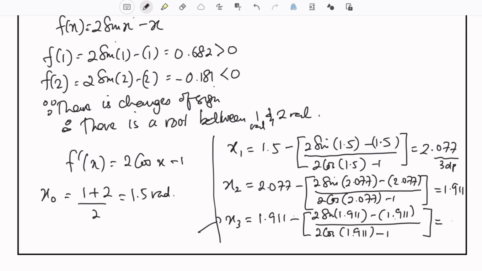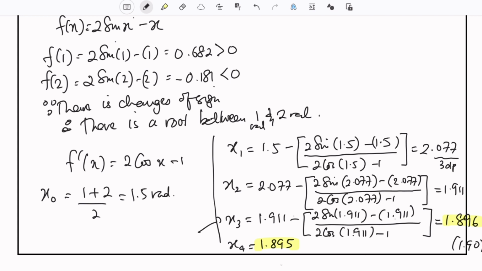So x3 is 1.896. So after 3 substitutions, we need not do substitution anymore. So x4, you just press your calculator to get 1.895. So if you look at these two values, if I make it to 2 decimal places, I would get the same value, which is 1.90.